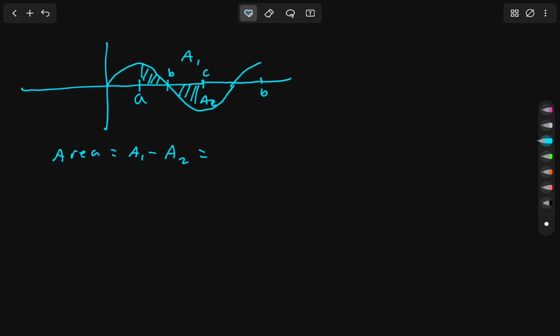The definite integral is the net area from A to B. If you want the exact area, it's the area above the curve minus the values of area beneath the curve, so you'll get a positive. If you want the net area, it's the integral from A to B of f of x dx.